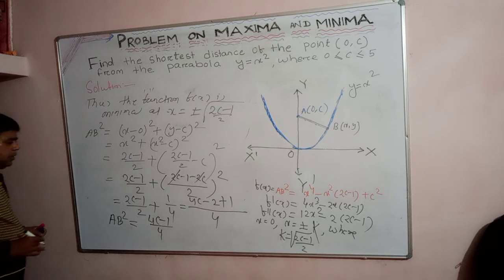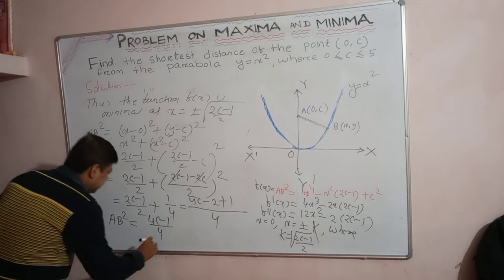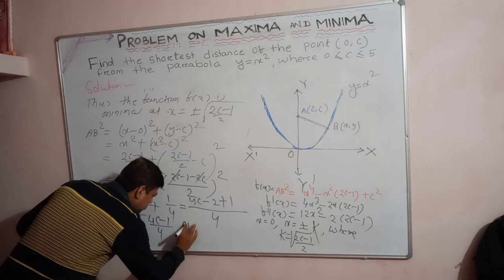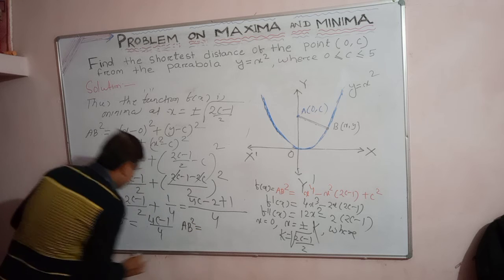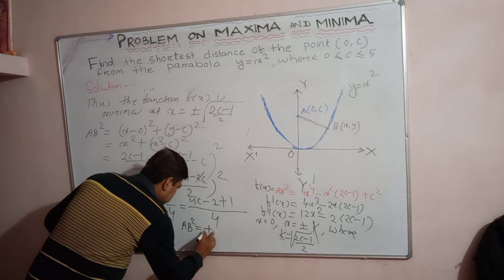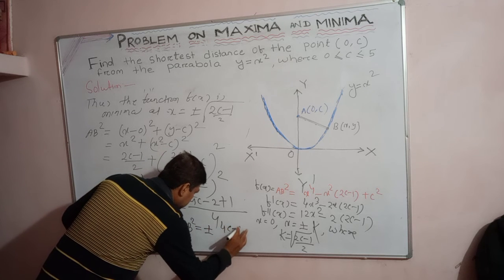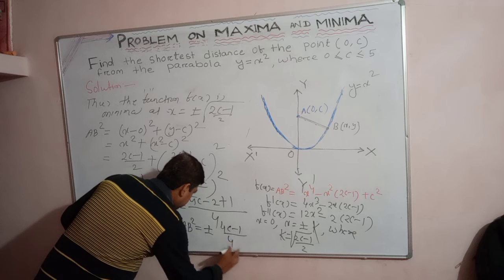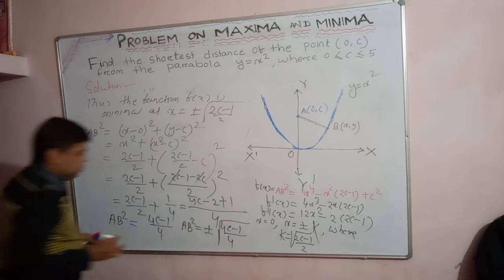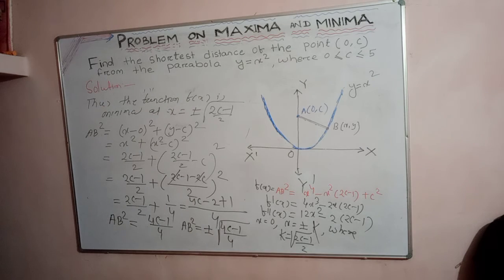So what is the value of AB? AB is equal to plus minus root of 4c minus 1 by 4.